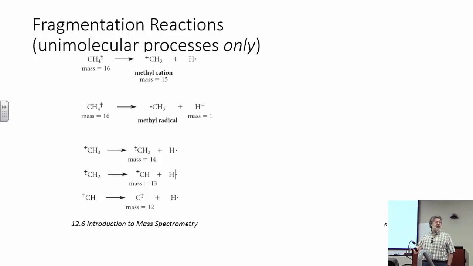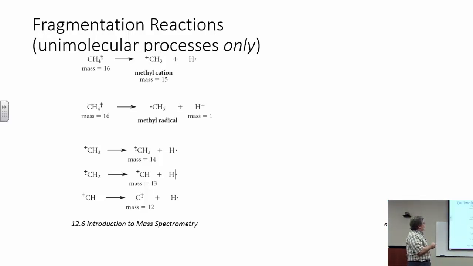So there has to be a charge on the species that strikes the detector in order for the detector to see it. So in this first process where a methyl cation is released and a hydrogen atom is released, only the methyl cation is seen by the instrument. The hydrogen atom is effectively invisible.